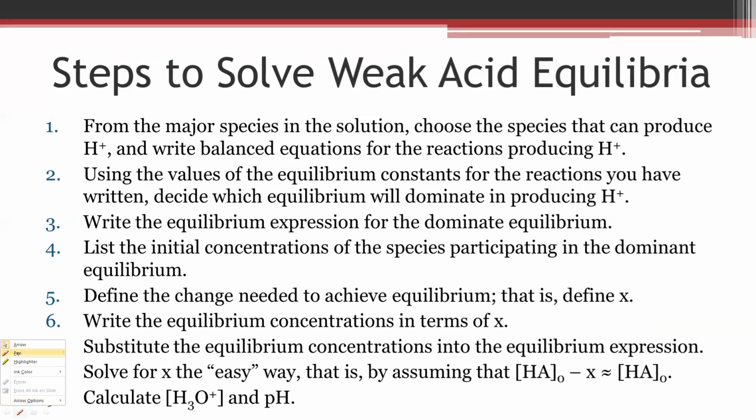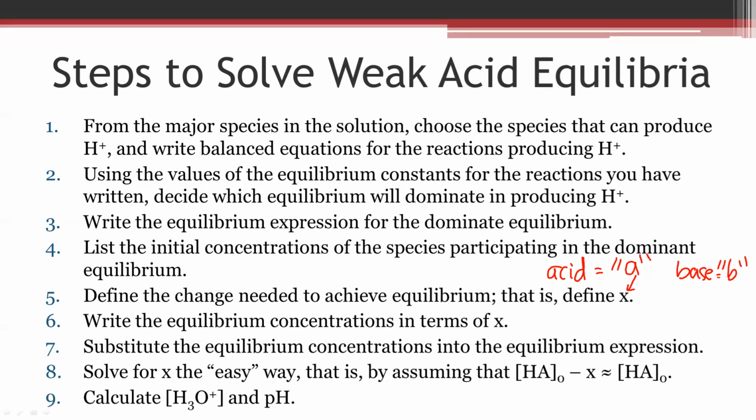I'm not used to it yet, but when it says define X, what this teacher did is when you are dealing with acids, they used A instead of X. And when it was a base, they plugged in a B instead of X. So I like that. It's a nice little reminder of what you're dealing with, so you are keeping that in the back of your mind. So I'm going to try and do that myself.